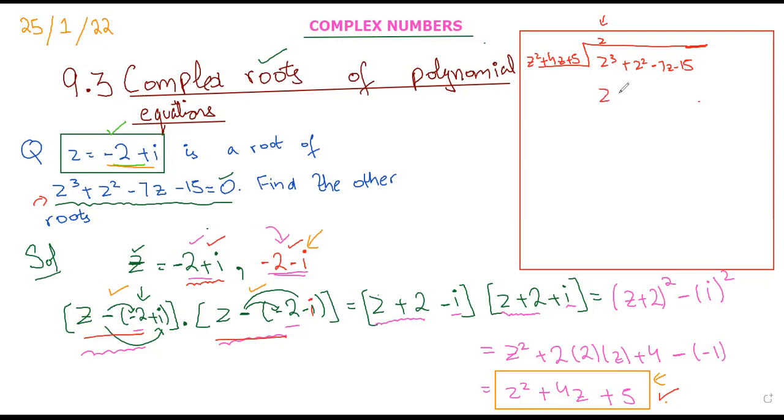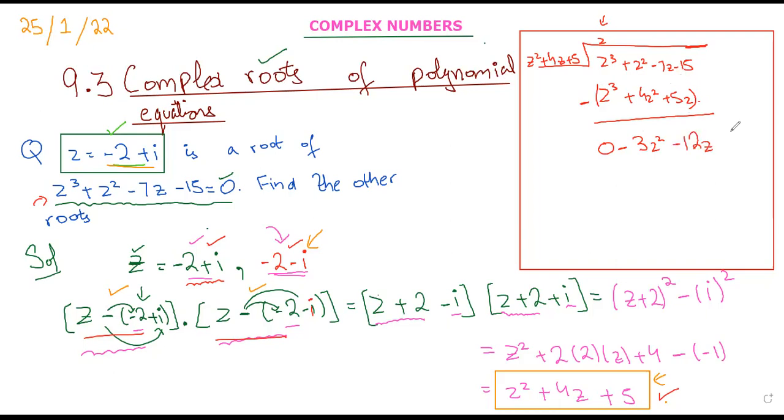So we will get z cube plus 4z square plus 5z. We write it this way because we have to subtract it. So z cube minus z cube would be 0. z square minus 4z square is minus 3z square. Minus 7z minus 5z is minus 12z.